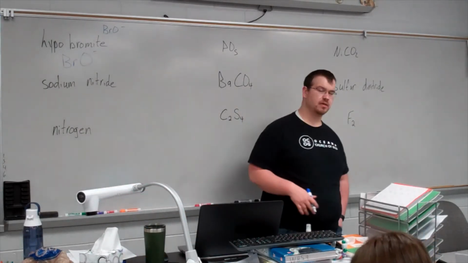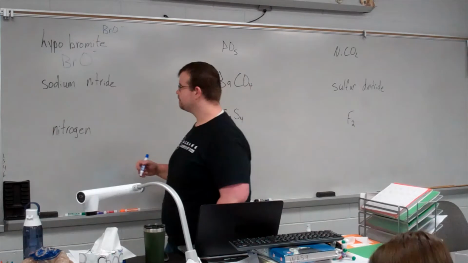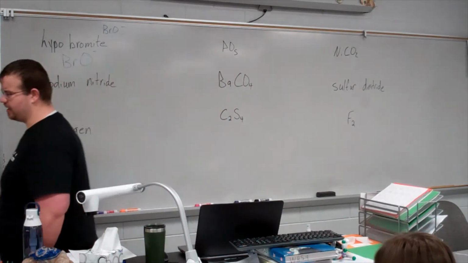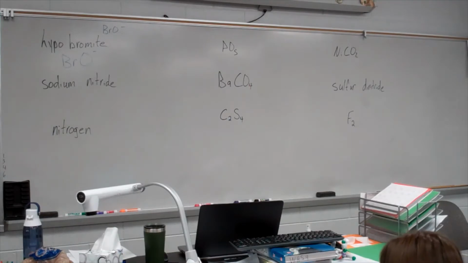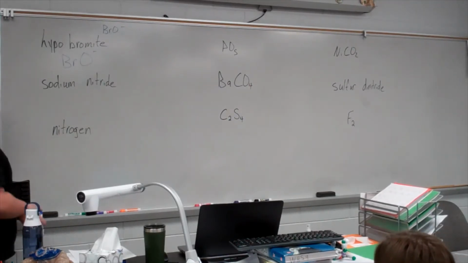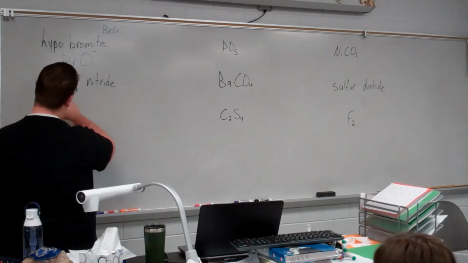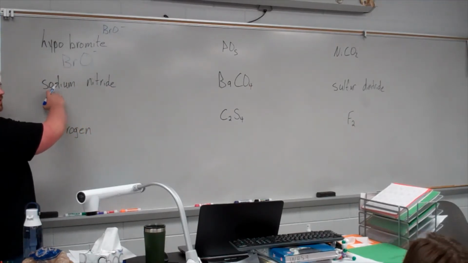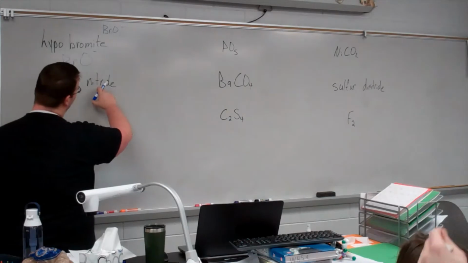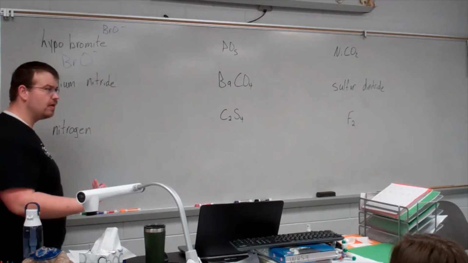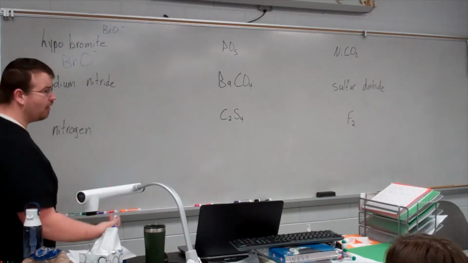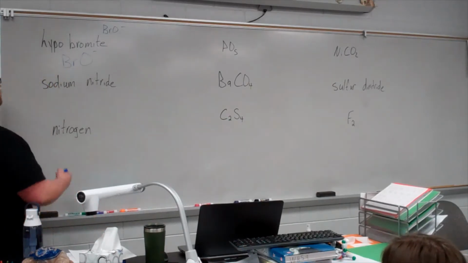Okay? We're just going to move down. Sodium nitride. Check to make sure. Sodium nitride does not have a polyatomic in it. So we're looking at sodium, because in the s block, left of the staircase means metal, bonded with nitride, which comes from nitrogen, which is a non-metal, which means we're dealing with an ionic bond. So let's get the ions down.